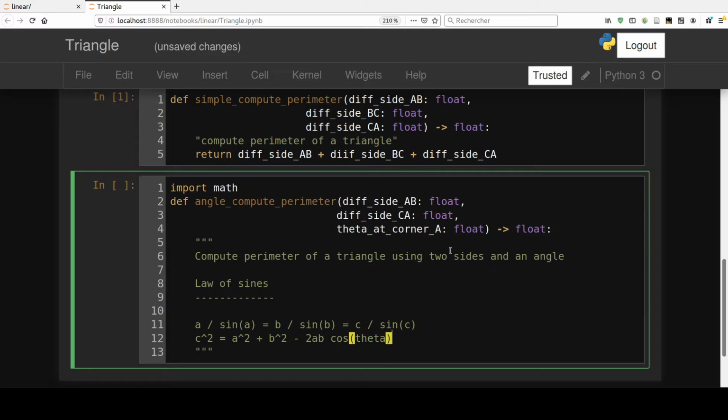Now these are the law of sines and cosines.